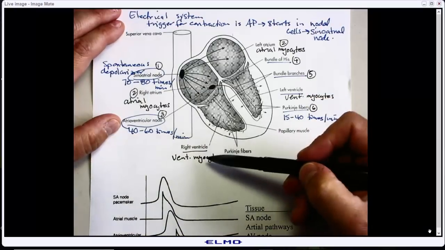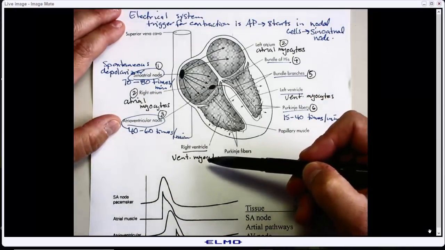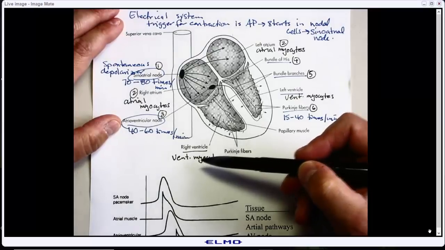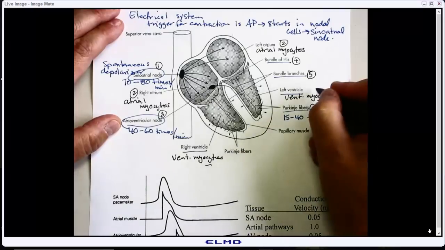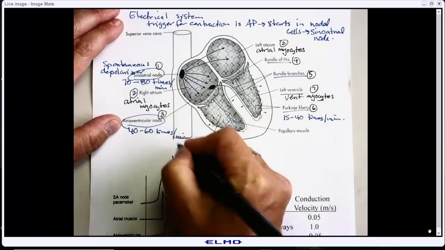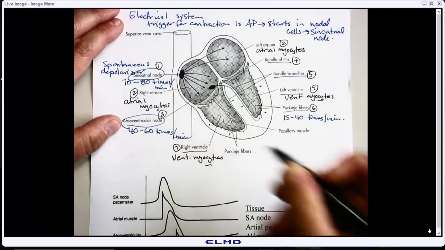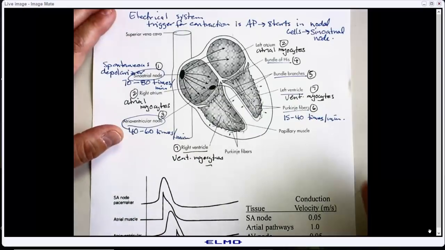All right, so because we're passing an action potential on to the ventricular myocytes, so again, this is now muscle, we are now going to contract the left and the right ventricle as a unit.